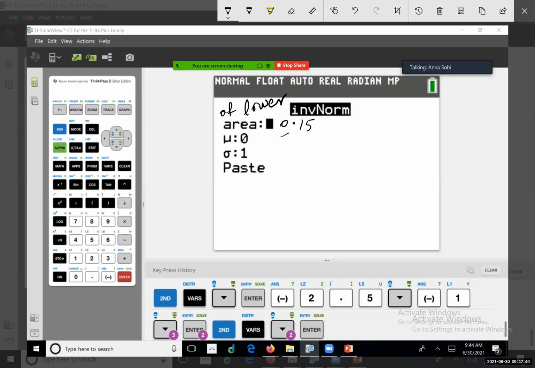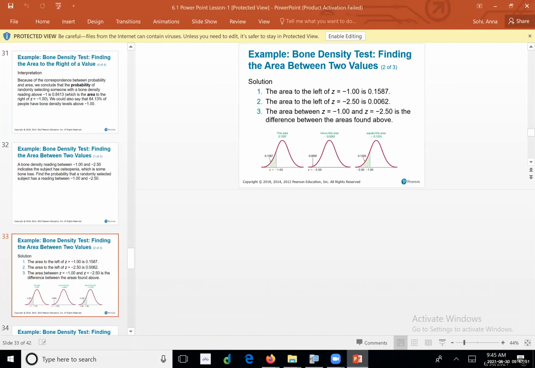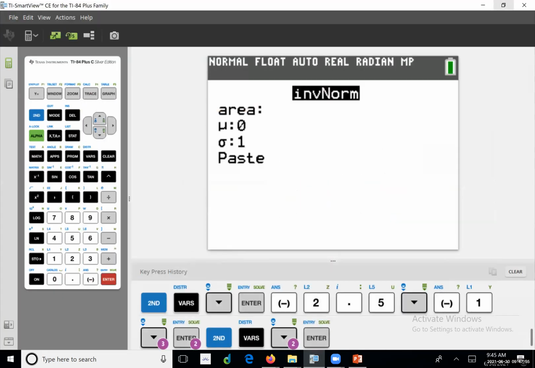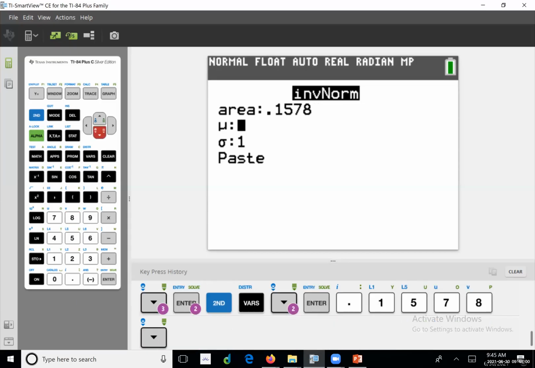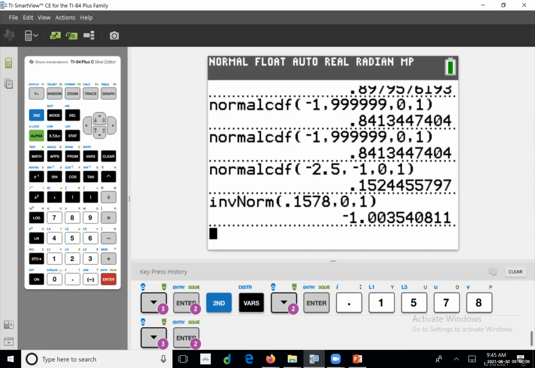So you always put the area of the lower here, and then mu, and then sigma. So it's inverse norm. You put 0.1587, and then you say mu is 0, sigma is 1. Always area of the lower side. And what it gives out is the z-score associated with that, and that's -1.